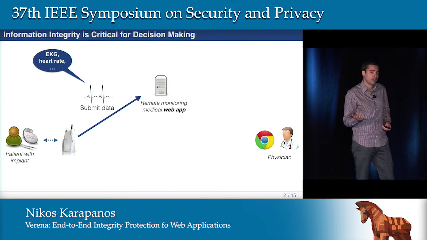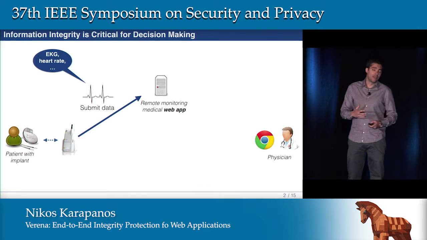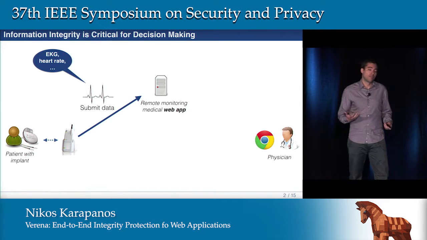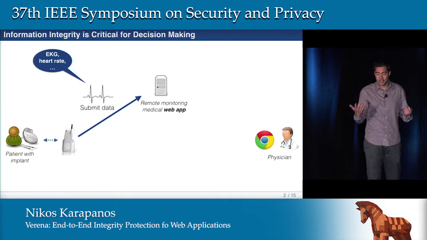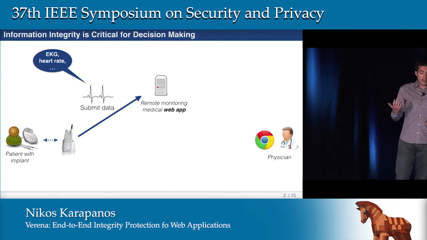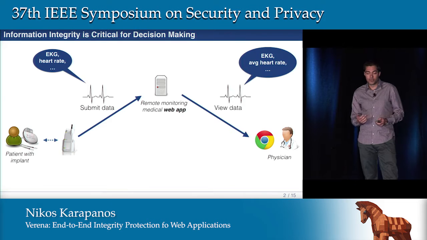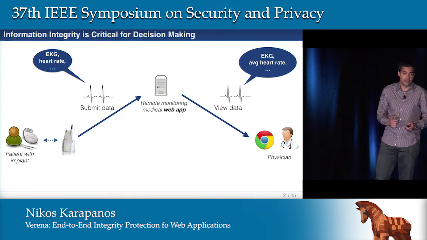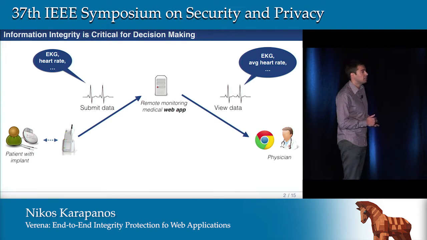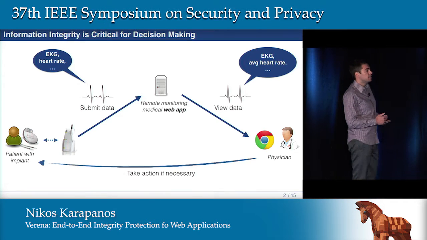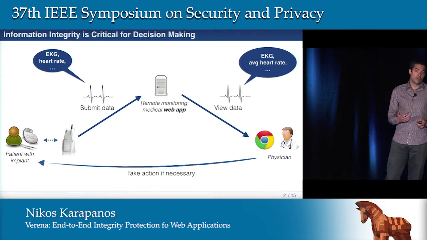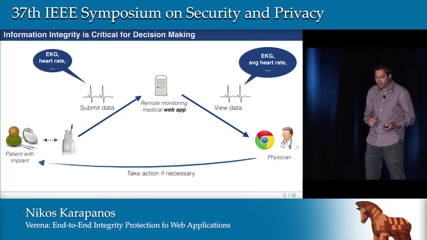This data might be, for example, a status of the pacemaker itself or status of the patient, like heart rate, EKG, and stuff like that. And then this allows a doctor in his clinic to access through a web interface this data about the patient. And based on what he sees, he might choose to take some action on the patient if deemed necessary.